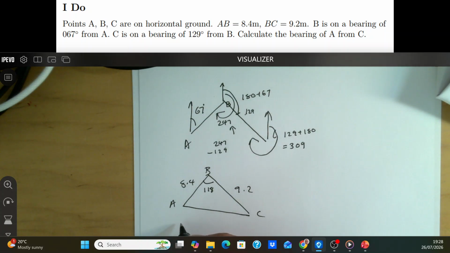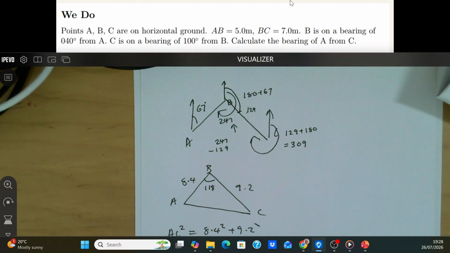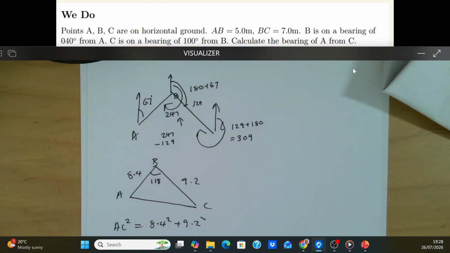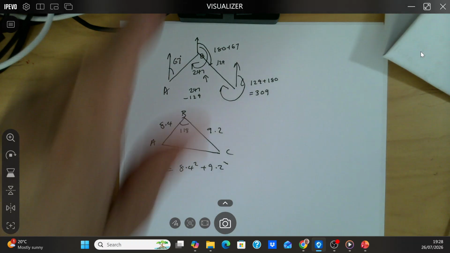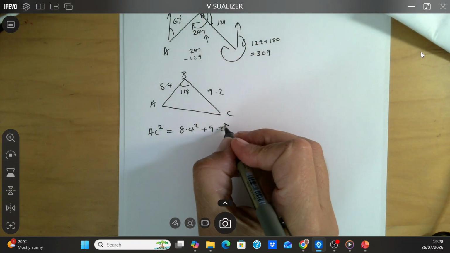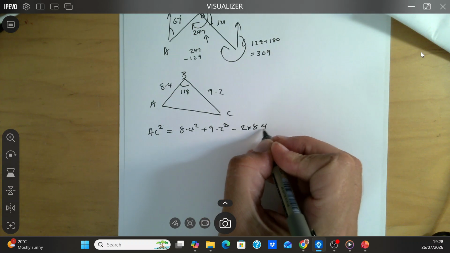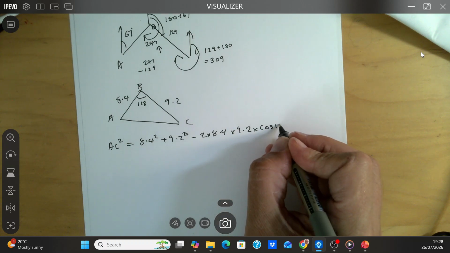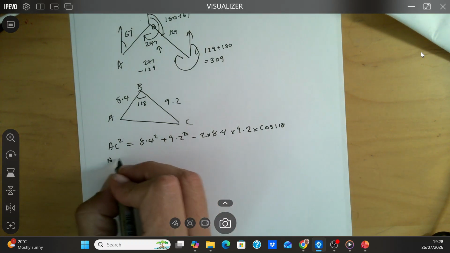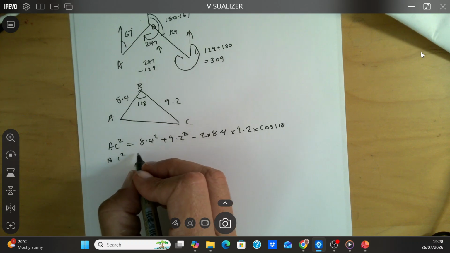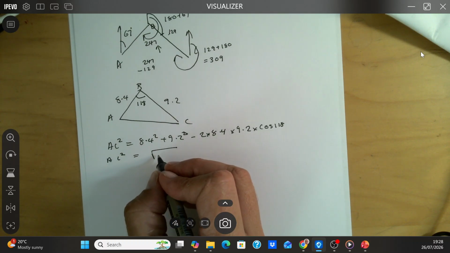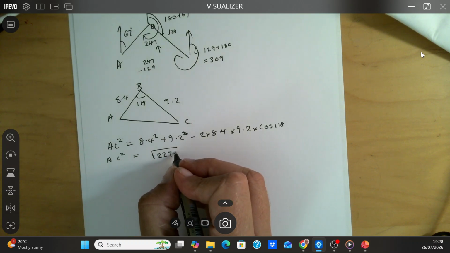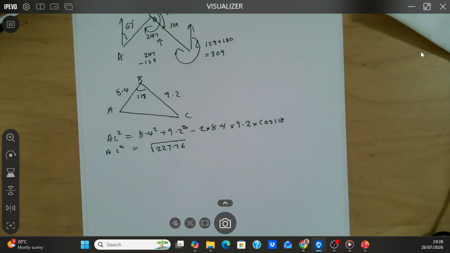So using the cosine rule, my AC squared must equal my 8.4 squared plus my 9.2 squared, take 2 times 8.4 times 9.2 times cos 118. So that gives my AC squared to be equal to 227.76.